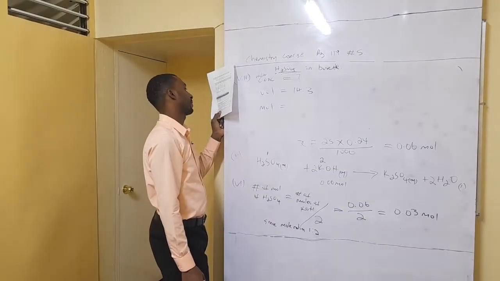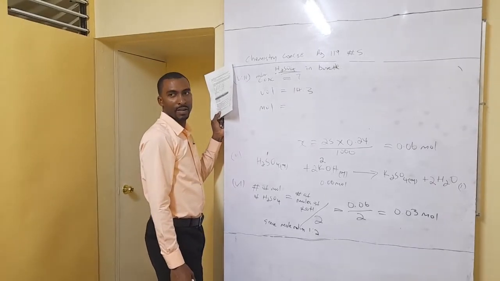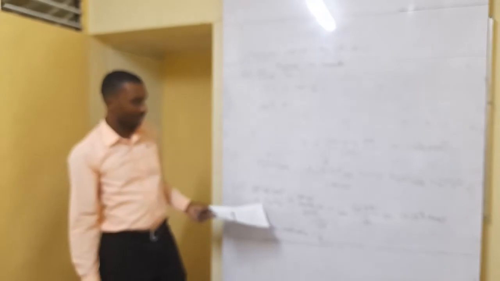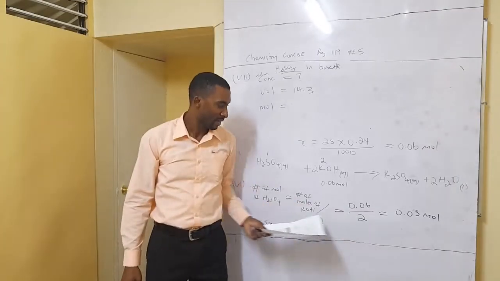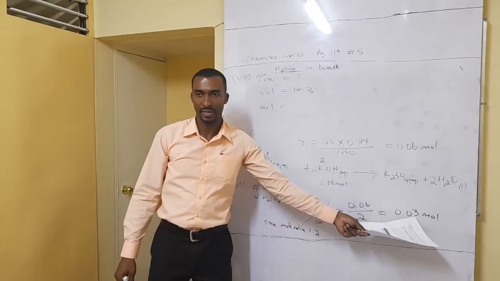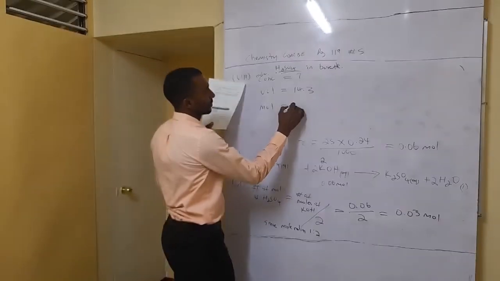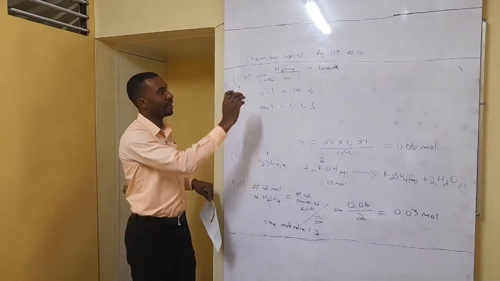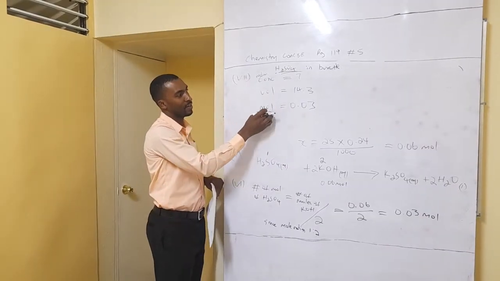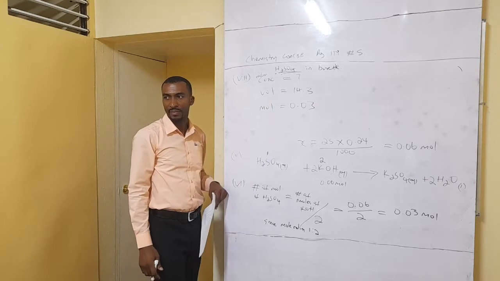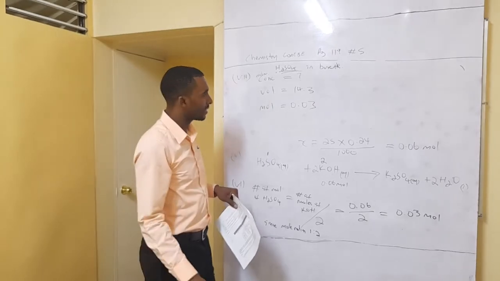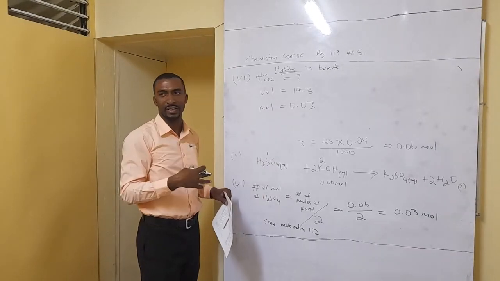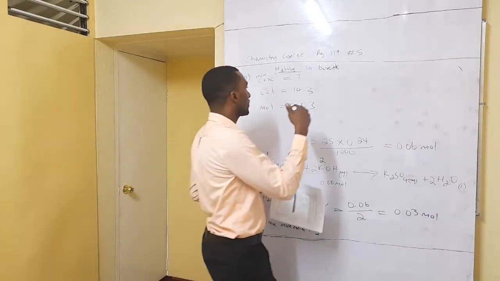Remember the potassium hydroxide was 0.06, then we calculated the moles of sulfuric acid, dividing this by 2 to get 0.03. Now, if we have volume and we have moles, can we find concentration? Yes, it's not a guessing thing. Remember that these three quantities are interrelated, so if we have two, we can get the third.